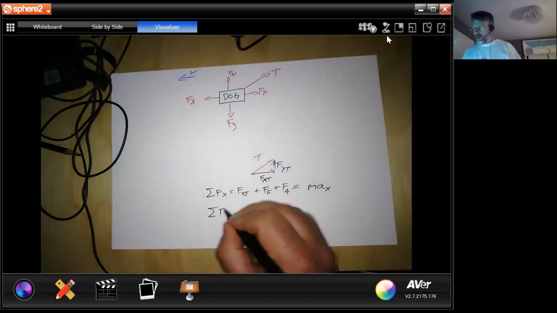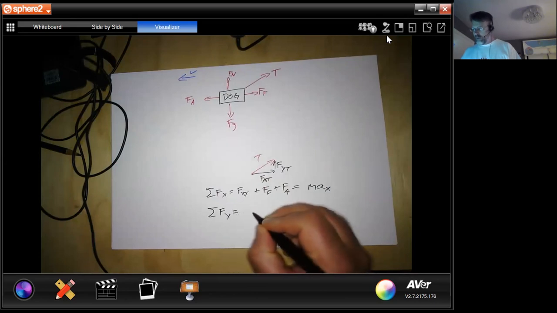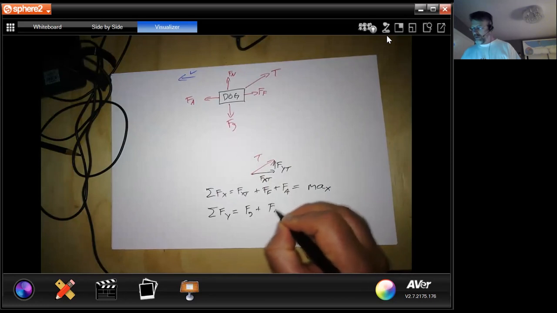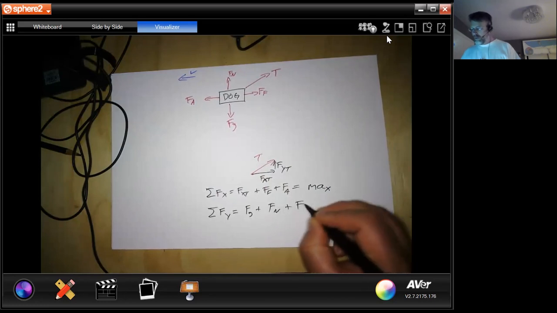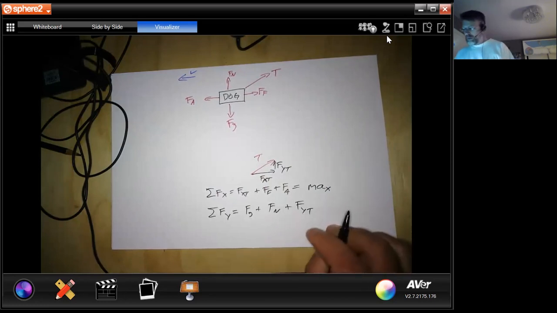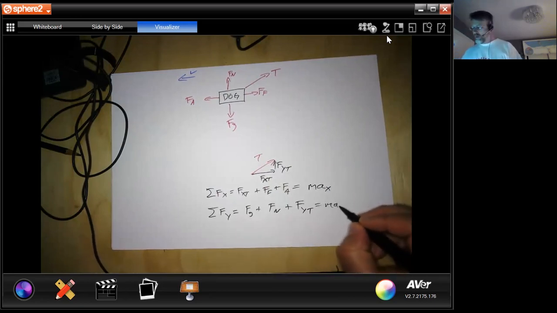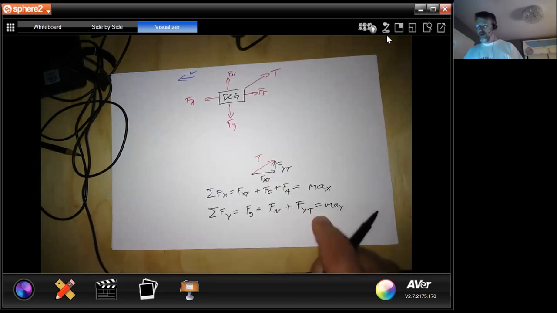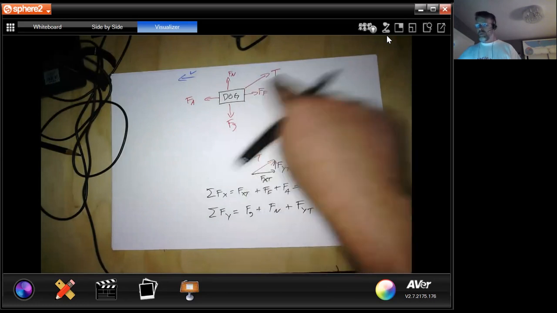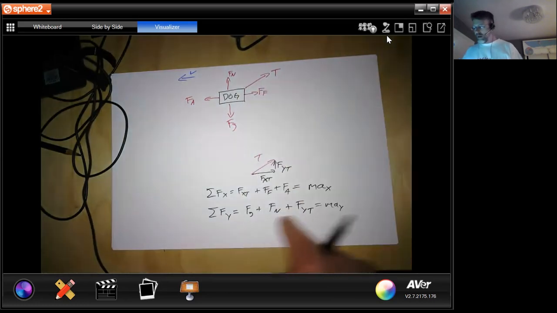And again, if we're trying to look at the F of y, that would equal our force of gravity plus our force normal plus our force in the y from the tension. And again, this almost always equals 0. But what happens if your dog runs into the highway and you just rip on this leash as hard as you can and the dog comes off the ground?